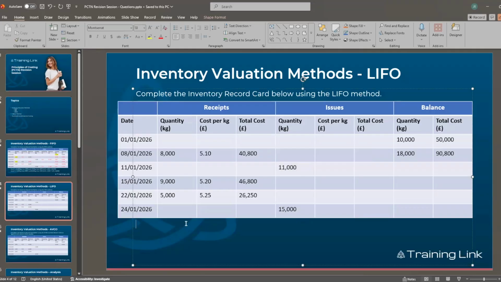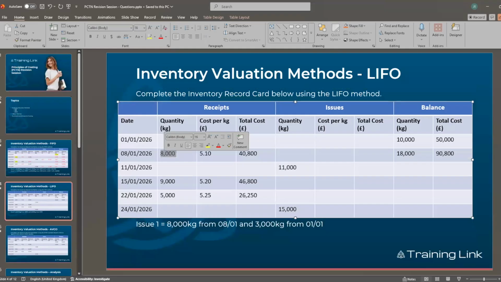If we were looking at issue 1 this time, we would take the full 8,000 kilograms from the 8th of the 1st, and then we'd take 3,000 from the 1st of the 1st. So we're using this full amount here, that 8,000 is gone, and then we're going to use 3,000 from there.